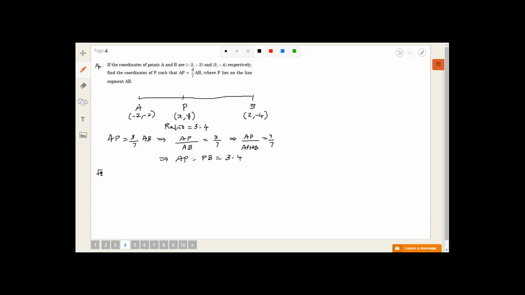Now, formula to calculate the coordinates when ratio is given and it divides the line segment internally.